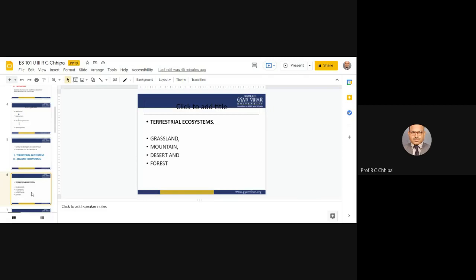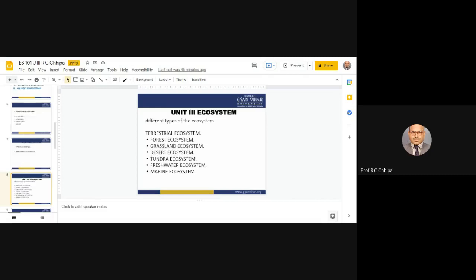These are examples of the terrestrial. Then we have the aquatic: marine, sea, oceans, and freshwater ecosystems, where freshwater is there, the rivers, the pond. So these are the aquatic ecosystems.